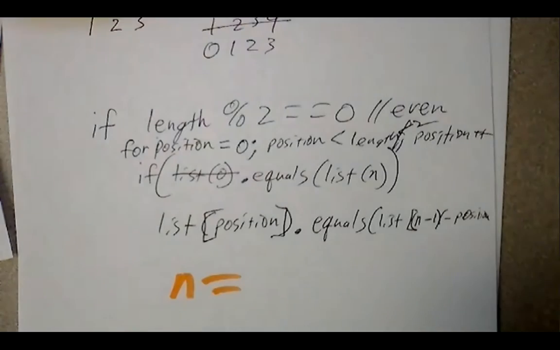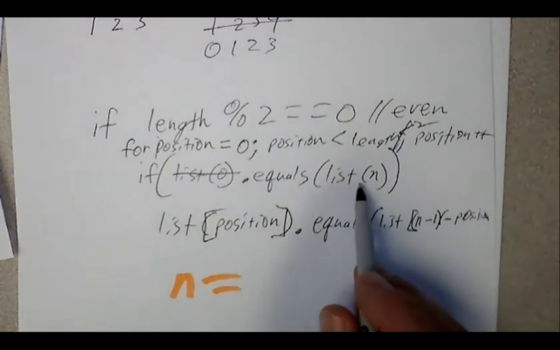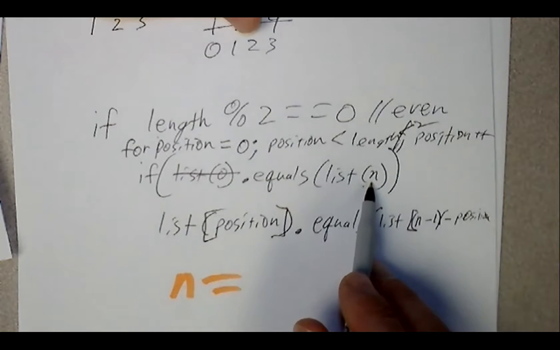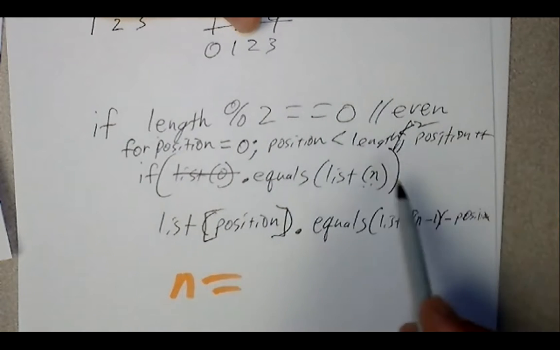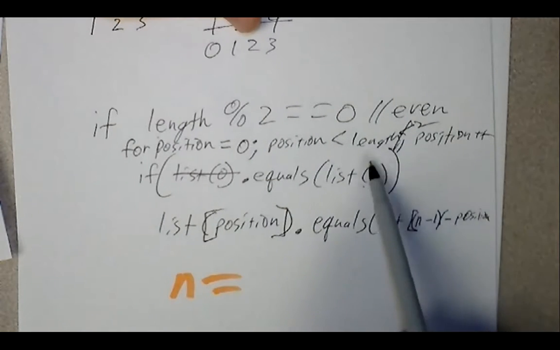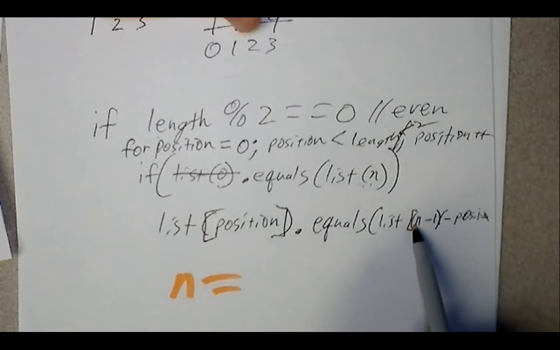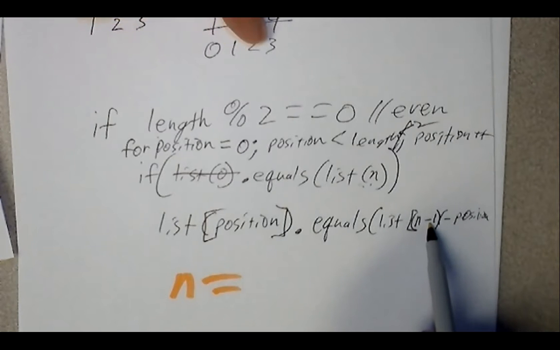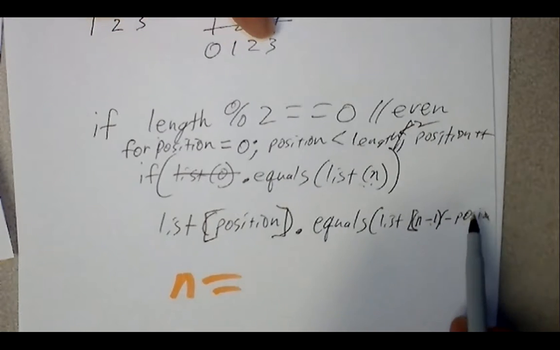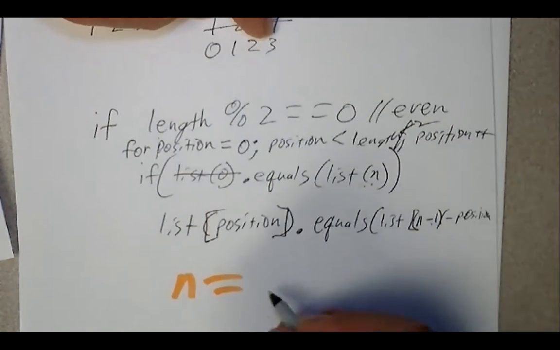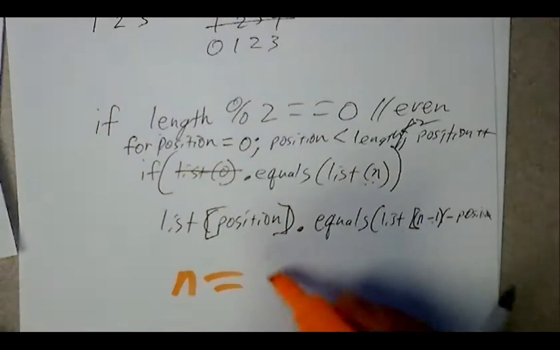So let's take a look at these numbers right quick. If our list is length n, so list of n minus 1 would be 3. So 4 minus 1 would be 3. Minus position 0. So this is position 3. So we would say n equals n.